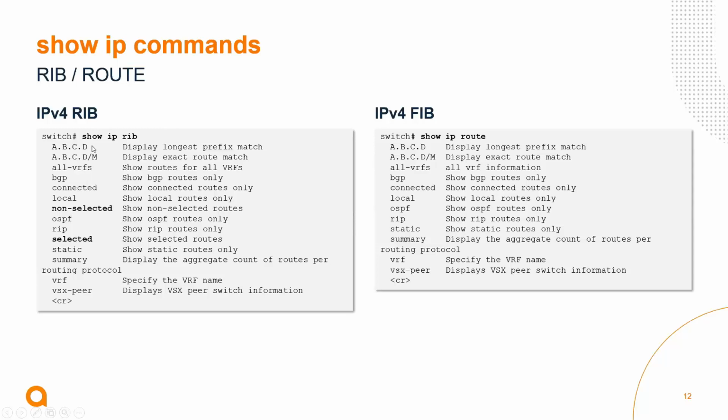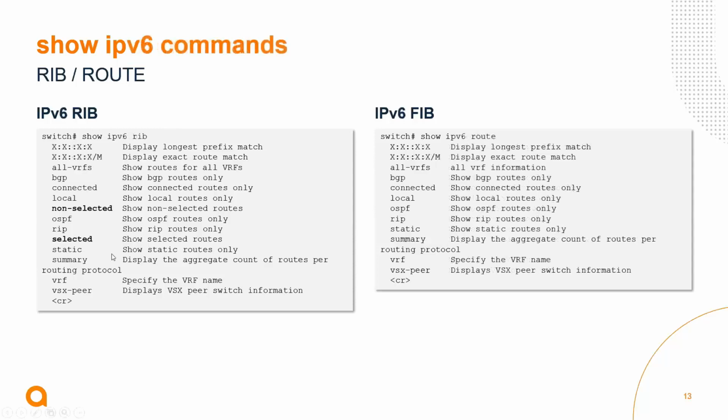And show IP RIB non-selected will provide you the information about the candidate routes that are not preferred and not put into the FIB. In the slide deck, you will see obviously the IPv6 version of what I previously explained for IPv4, so I will go quickly over those slides for IPv6.